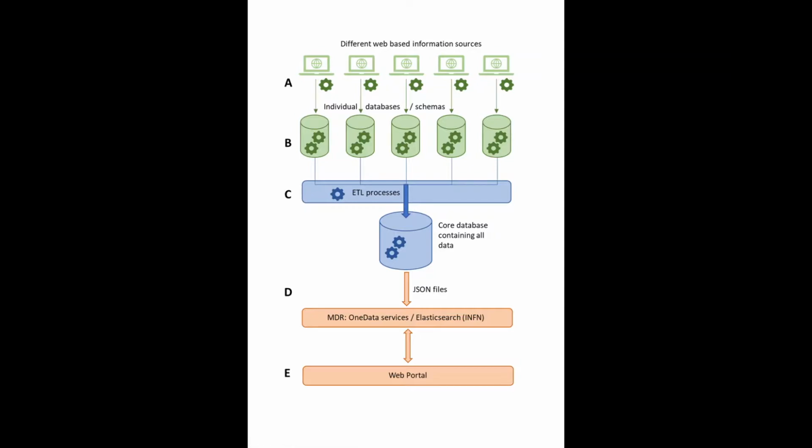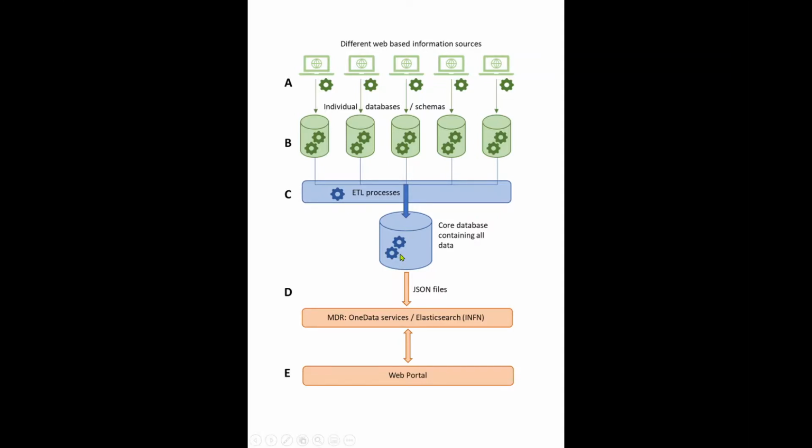And where necessary, deduplication takes place because studies and objects can be referenced in different source systems. For example, a trial can often be registered in more than one trial registry. So overlapping, duplicated data has to be resolved into the core database here, which then acts as the single source of truth in the system.